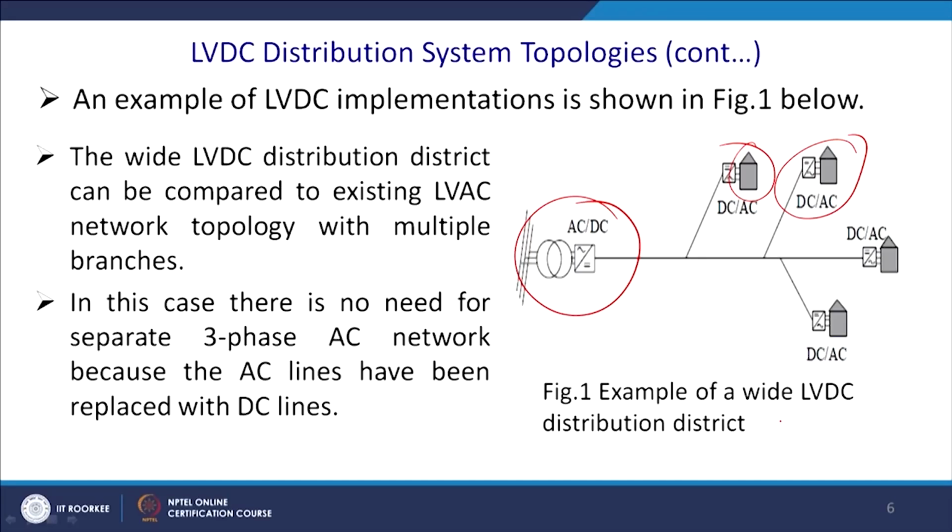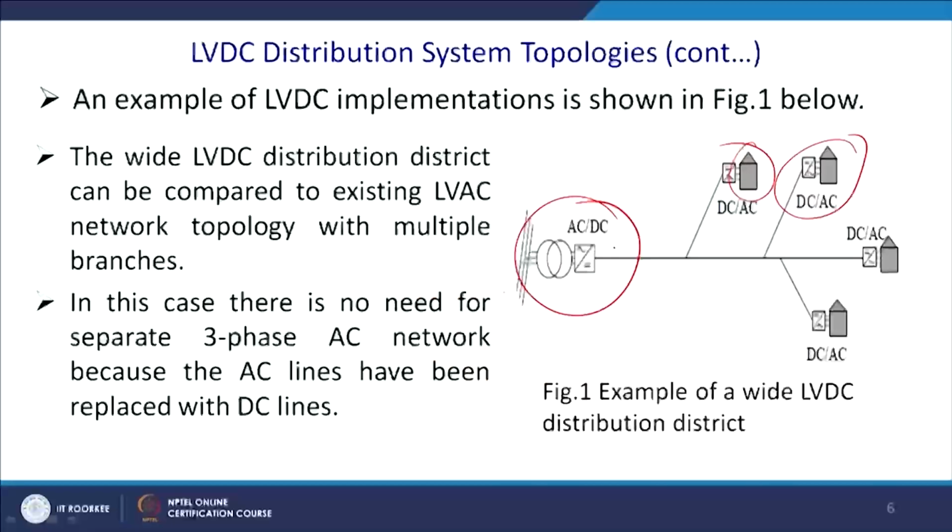One aspect is that it has predominantly inductive loss, and at multiple points you do not have a problem in the grid; the power quality is addressed here. So, there is no power quality problem because at the entry point of AC to DC, you ensure that THD and the power factor are good. The wide LVDC distribution district can be compared with the existing low voltage AC network branch topology with multiple branches.